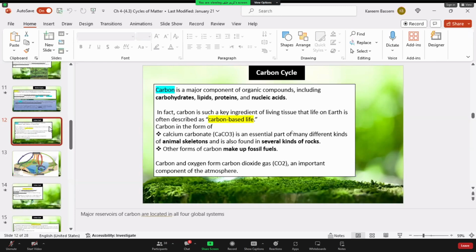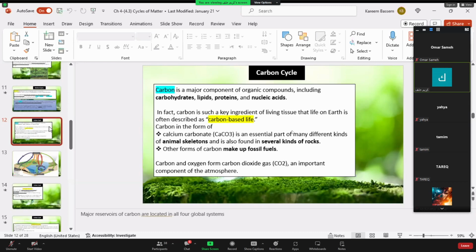You can find it not only in macromolecules, but also as an essential part of animals' skeletons when it is found as calcium carbonate, or even in several kinds of rocks. Also, it could form fossil fuel, as we learned, or as we will describe after a while.